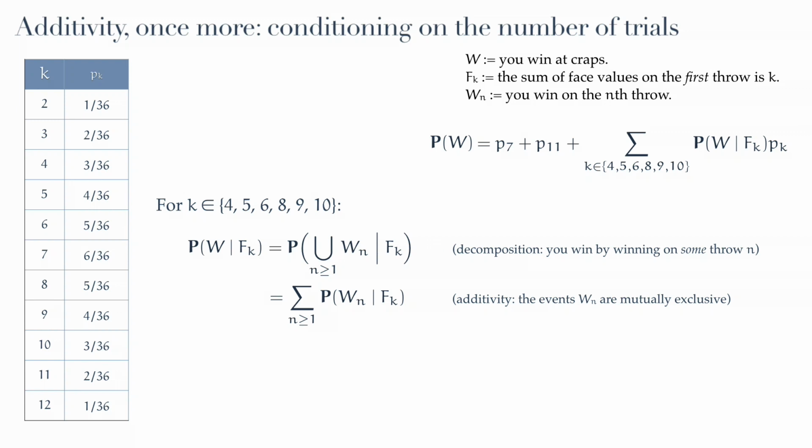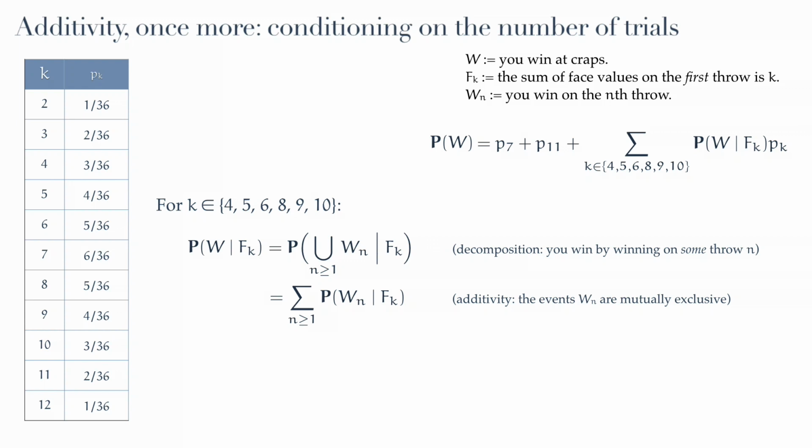One more step is given to us by the starting conditions. Remember, we are interested in the special cases where we throw 4, 5, 6, 8, 9, or 10 on the first throw. But if you throw 4, 5, 6, 8, 9, or 10 on the first throw, then we know that the game proceeds. It does not terminate. You're going to have to make at least one more throw.